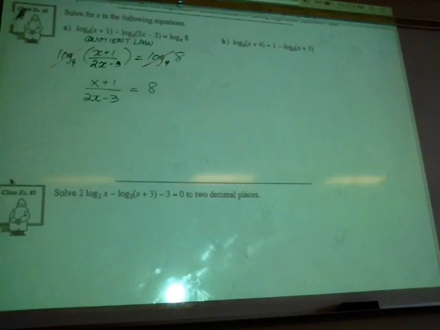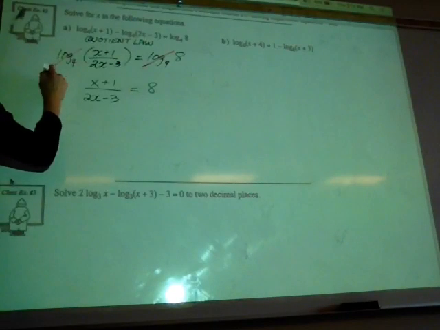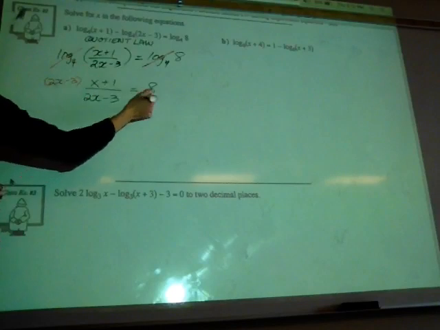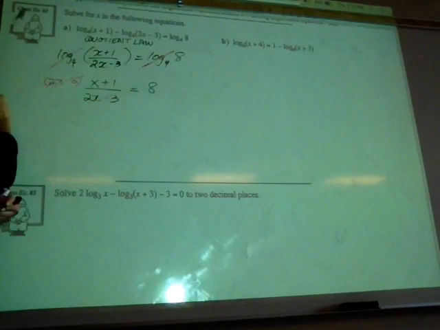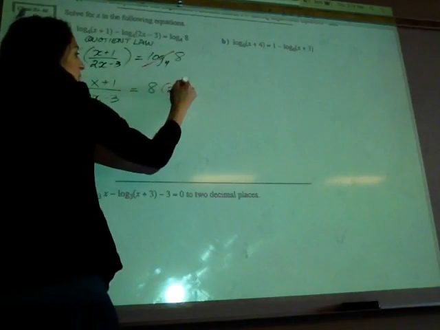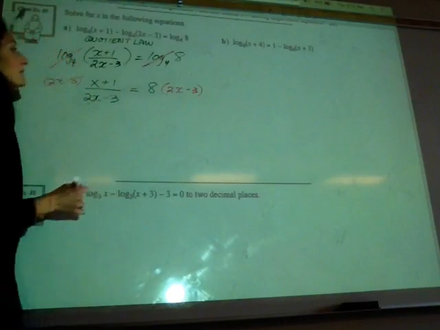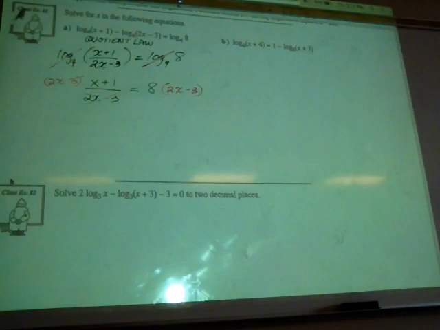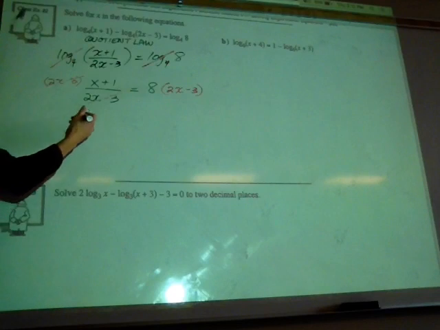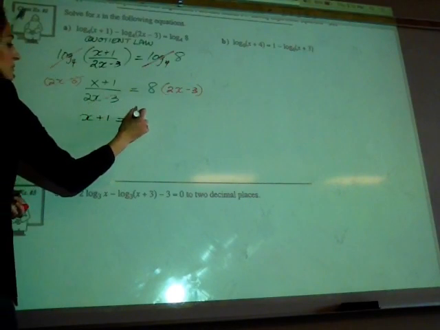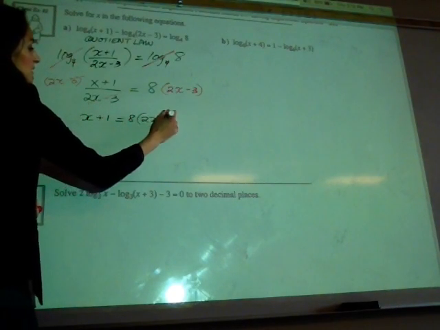Now I can just solve for x. So multiply the 2x minus 3 on both sides. That's going to cancel out the denominator. Whatever you do to one side, you have to do to the other. And I get x plus 1 equals 8 times 2x minus 3.